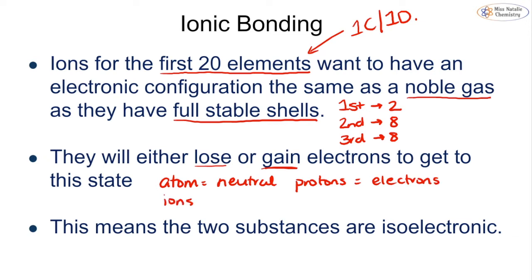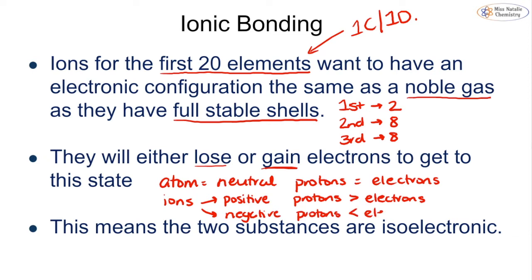In ions, they can either be positive, where our number of protons is higher than our number of electrons, or they can be negative, where our number of protons is less than our number of electrons. So if a substance loses electrons, it becomes positive, and if it gains electrons, it becomes negative. And if we have substances that have the same electronic configuration, we say that these are isoelectronic.